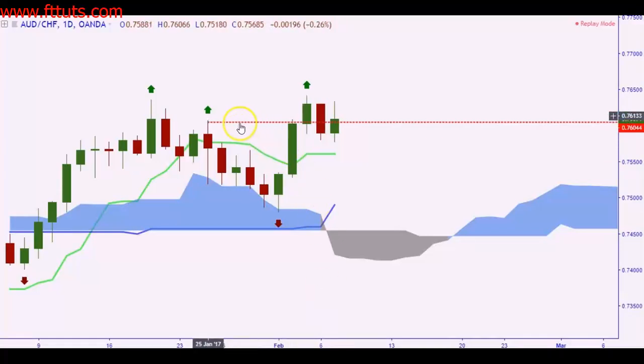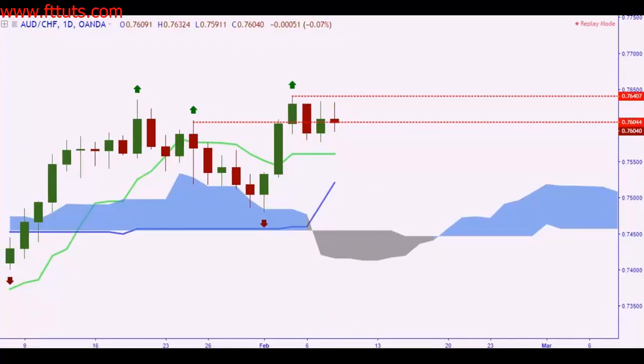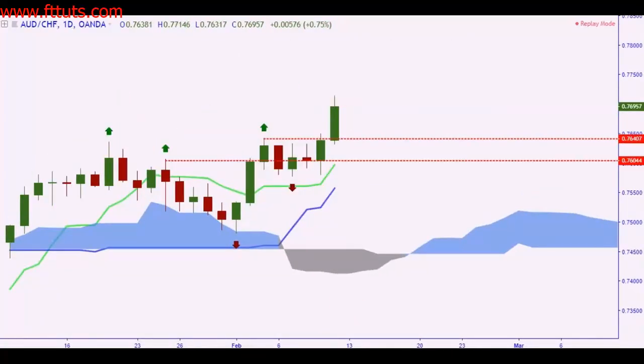Alright, now had I not taken that trade, I also could put an entry order at this level. Alright, so you could see we get triggered on both trades. We're making profit on both trades. So now if I had taken, alright, so we took this trade, we're in profit.